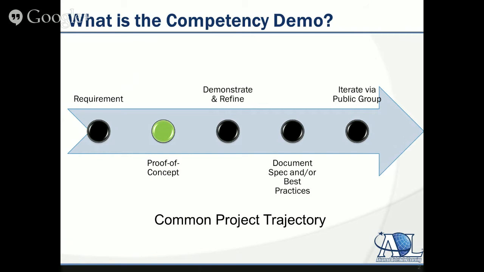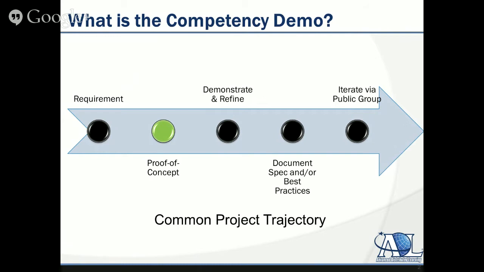So we're just starting now. This is one of the very first sessions where we've talked about it, and we're continuing to develop it. You see I have the little green lit up circle there. What we're going to see today is that proof of concept. We're going to continue to demonstrate and refine it as we learn how all of these different things work together, and what these things are, I'll talk about in a minute.